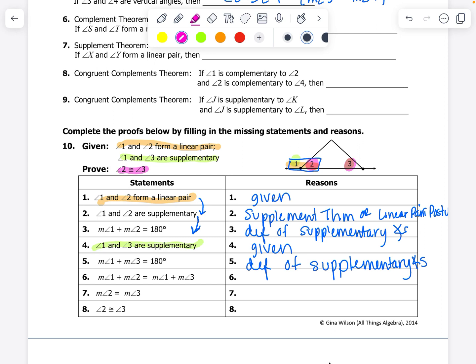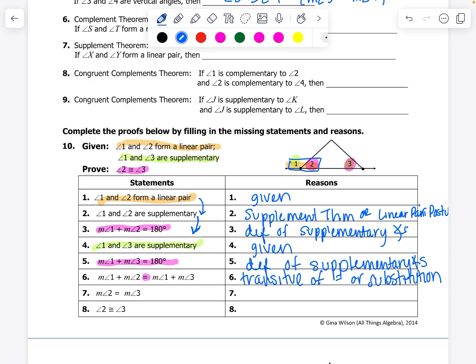Okay, I know 1 and 2 equal 180. And 1 and 3 equal 180. So now I can set them equal to one another. That's going to be either, you could say, transitive property of equality, or I would accept substitution. Okay, since they're both equal to 180, they're equal to each other.